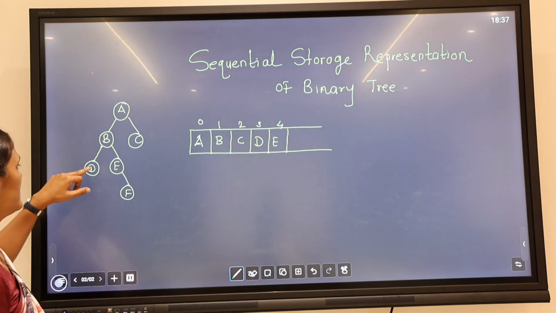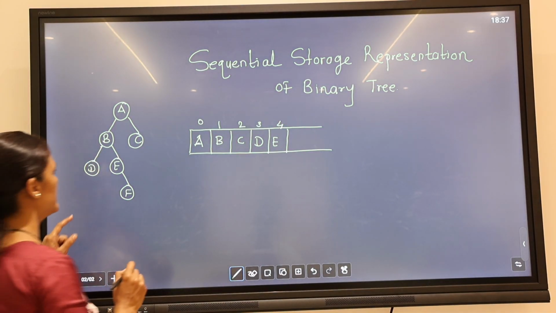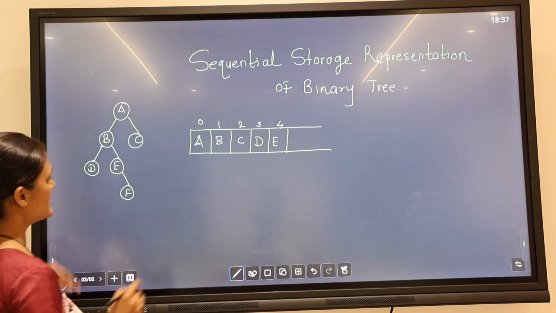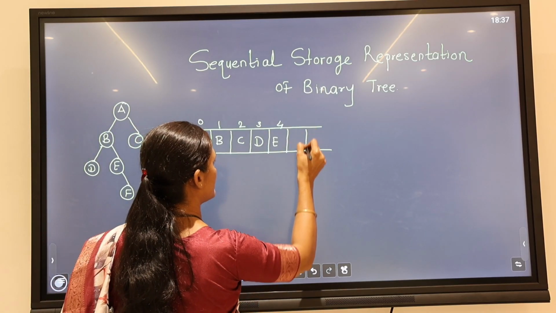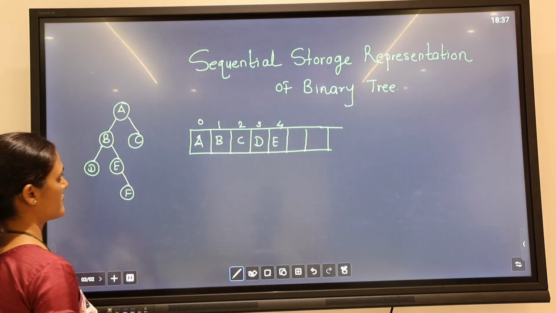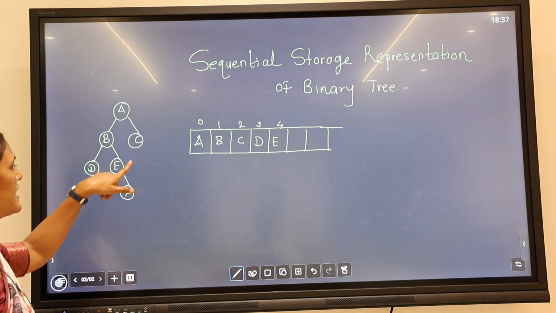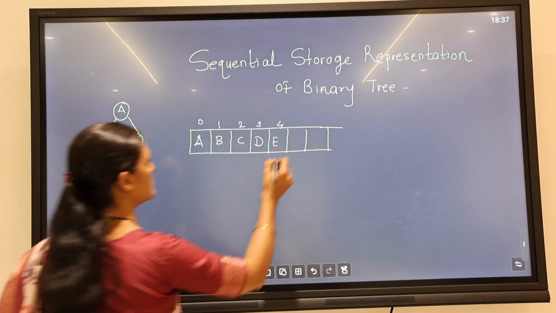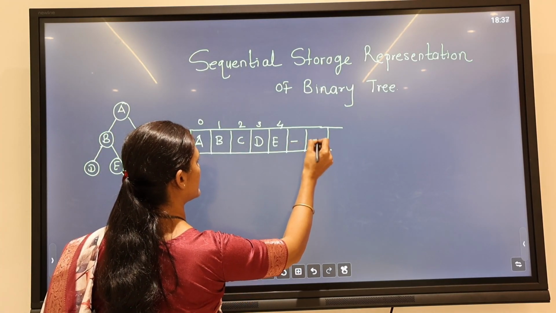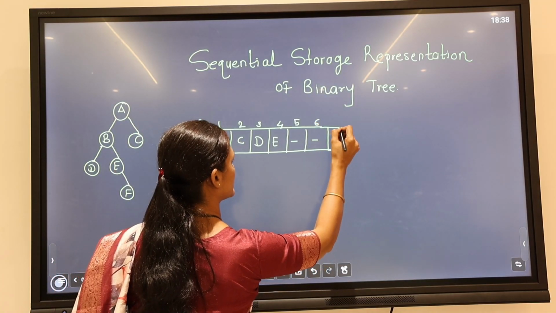So D and E are the left and right child of B. Now there is left child of B and then right child of C. So now you can see that C has no left child and C has no right child. So leave it as blank. 5 and 6.